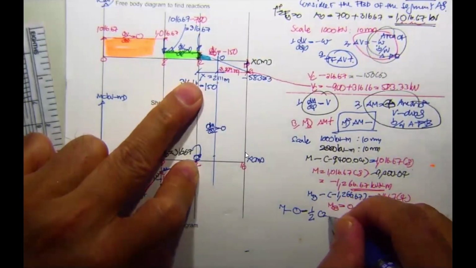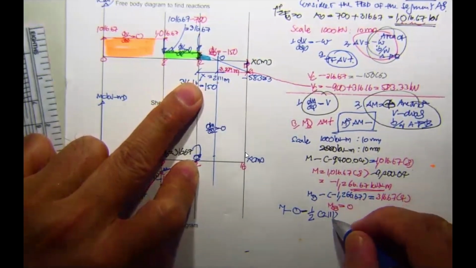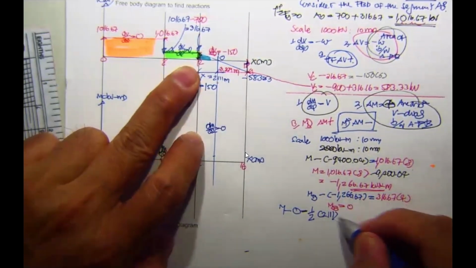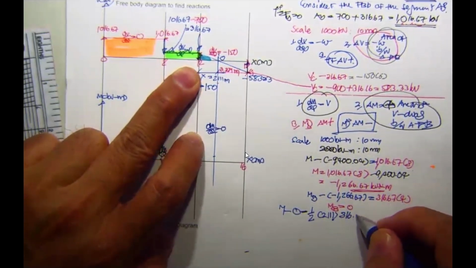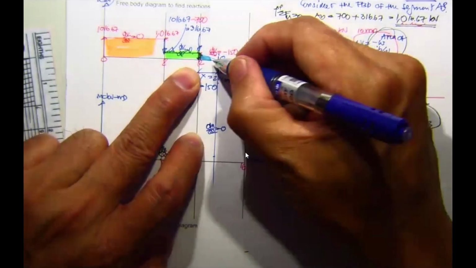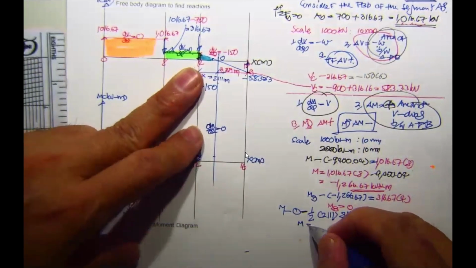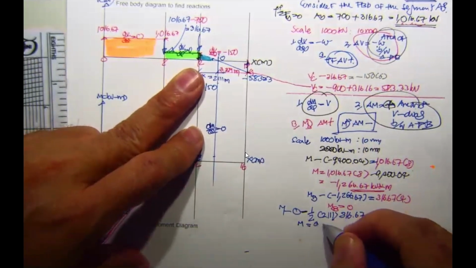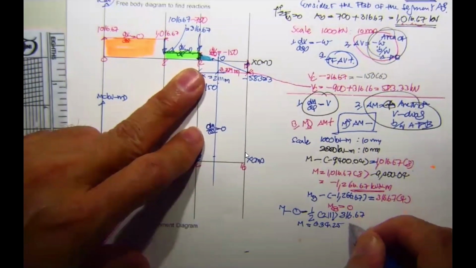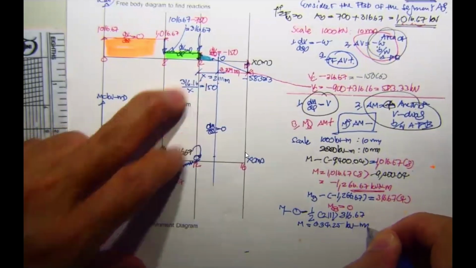Equal to 1/2 of 2.111 times 316.67, the area here. You will have M equal to 334.25 kilonewton meter.